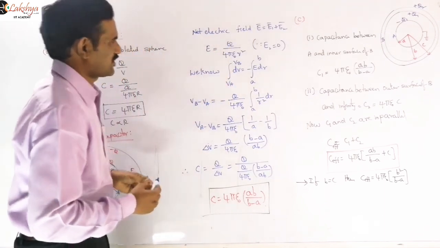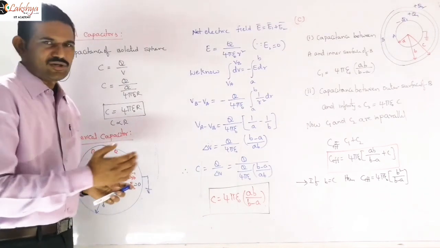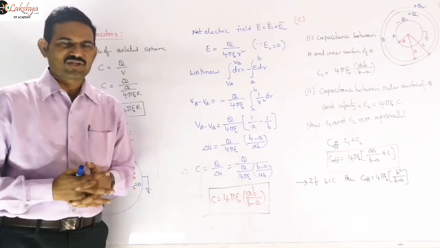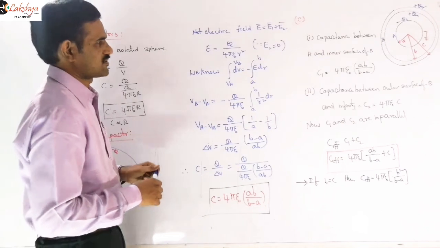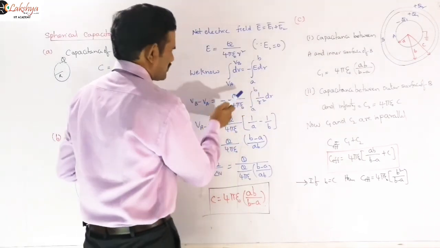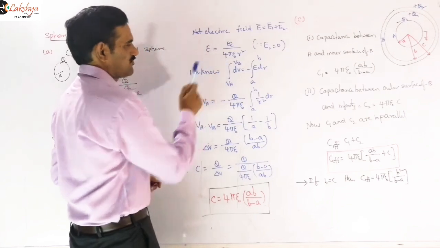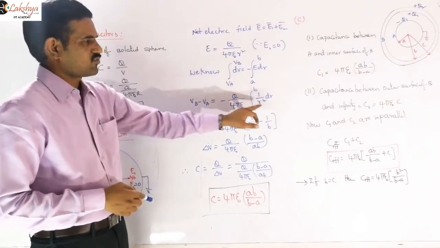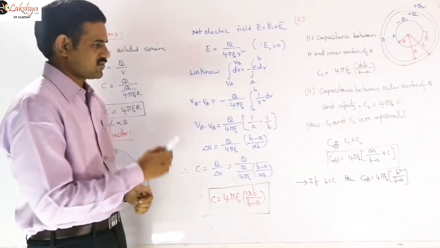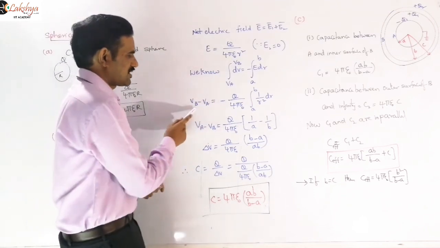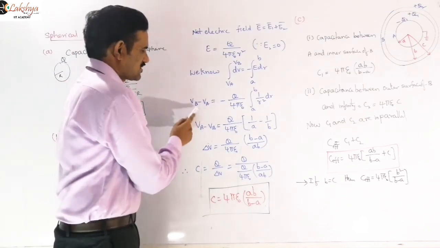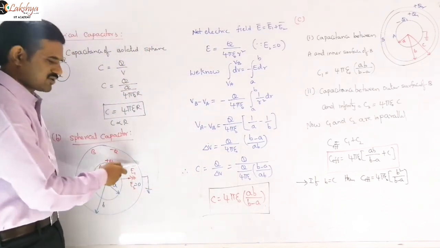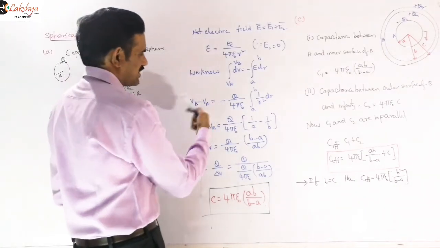That E is nothing but Q by 4 pi epsilon naught R square, the field outside the spherical shell. Now you know the E-V relation, and from that we calculate the potential difference. Taking the limits from A to B, we get VB minus VA equal to the integral, with the constants written outside, so the only variable is 1 by R square, which we integrate. Taking the negative sign common, instead of VB minus VA I write VA minus VB, because VA is at higher potential than VB, so the negative sign cancels.